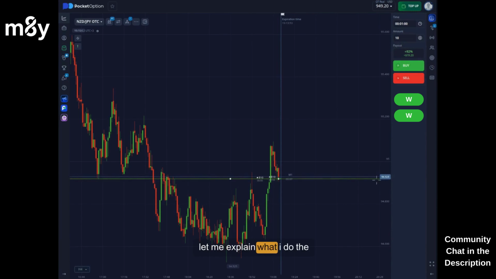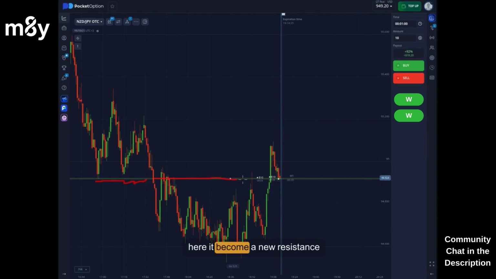Now, let me explain what I did in here. You see, the common point of rejection is always everywhere. But the important thing you need to be careful about is that every candle needs to touch that line. So in here, we can say it acted like a support. After that, it started to make an overlap and became a flip.